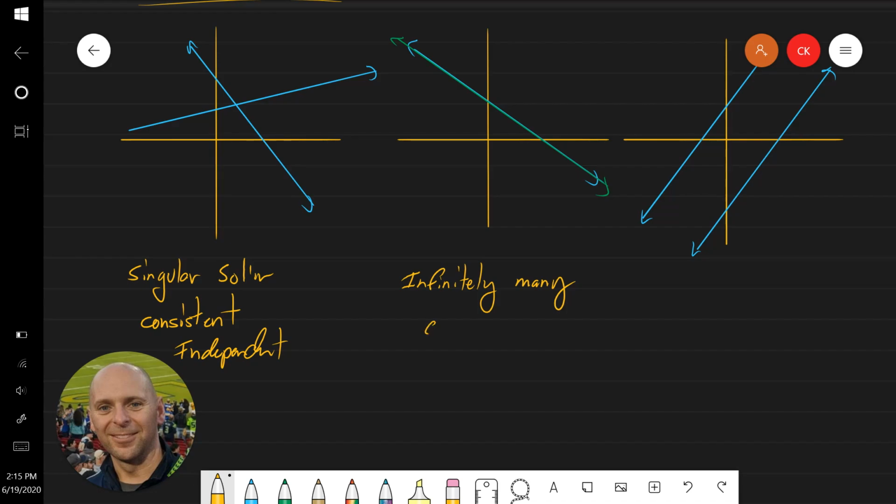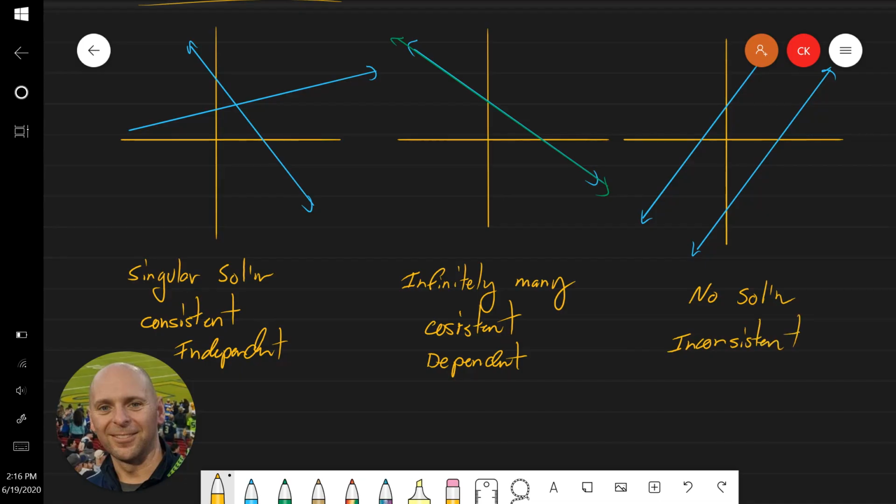And that's referred to as consistent and dependent. Finally, the no solution scenario, where they're parallel, is just inconsistent.